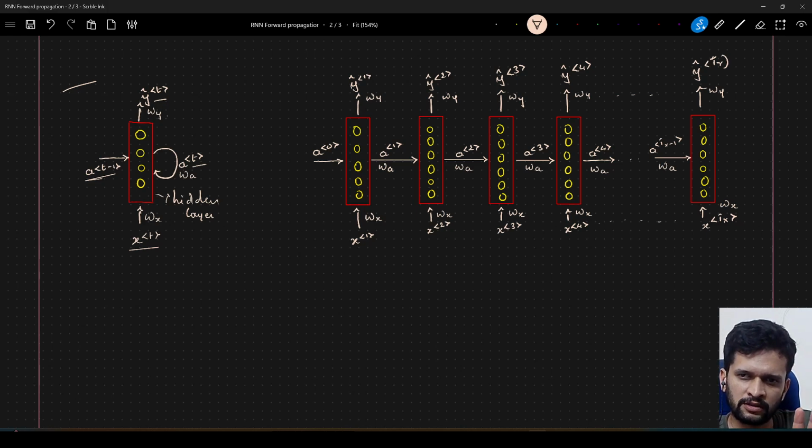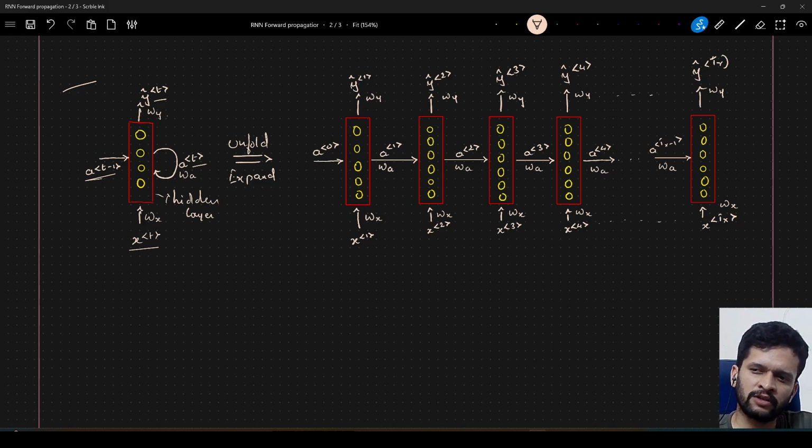You already know this from my earlier video where I explained RNN forward propagation. Now if I unfold this, or expand it across multiple time steps starting from the first time step, this is how the recurrent neural network looks like. So don't get confused with multiple blocks.